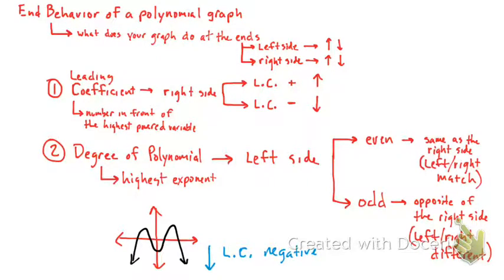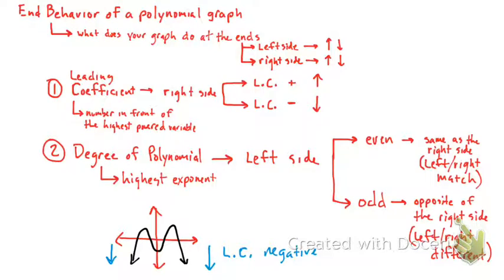Now, since we know the right side is going down, if you look at my left side, it's also going down. So we can say my left side is matching. It's the same. So when it's the same, that means my power has to be even.